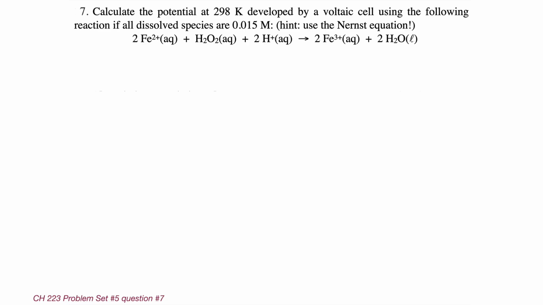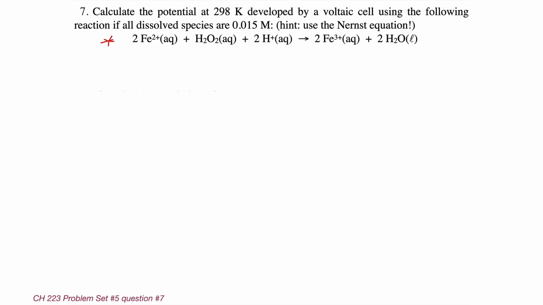This question says, calculate the cell potential at 298 Kelvin, developed in a voltaic cell using the following reactions, but notice that all dissolved species are 0.015 moles per liter. So here is the balanced reaction, and it's saying calculate the voltaic cell potential.